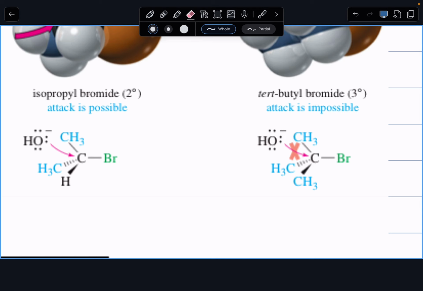Because my carbocation intermediate is stable, my first transition state to break that C-Br bond will also be lower in energy.